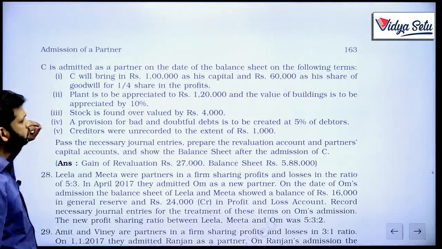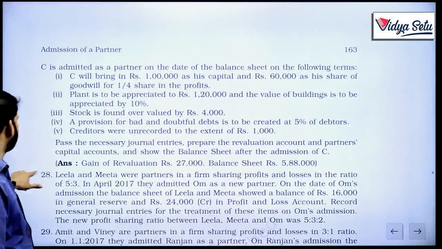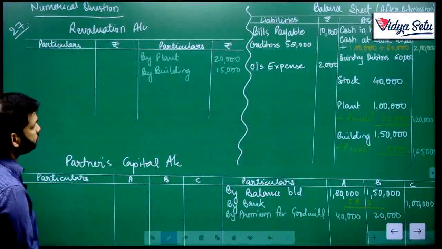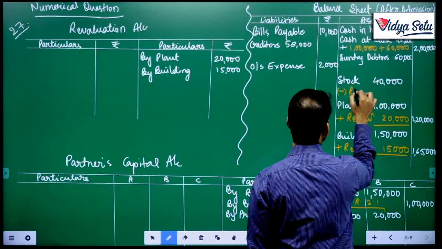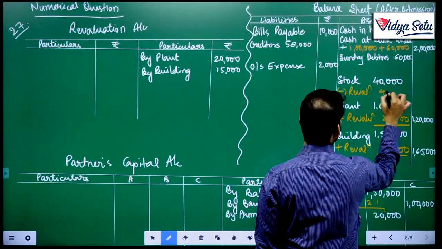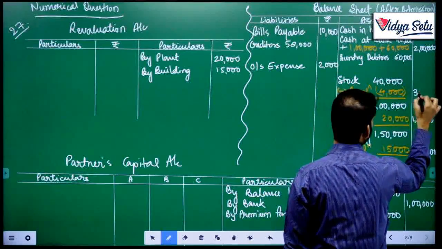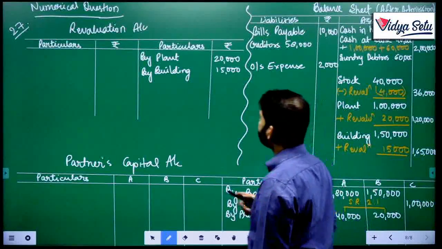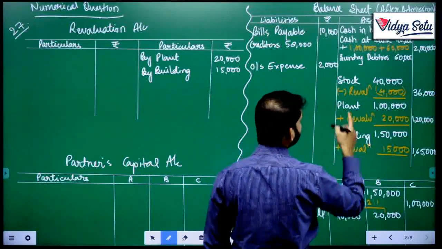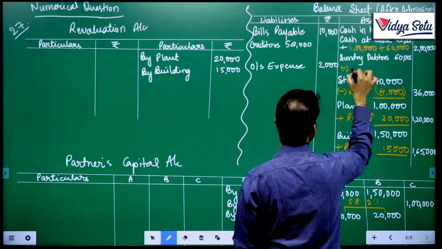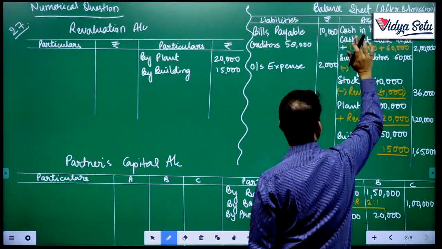Stock has to be reduced by 4,000, provision 5% on debtors, and creditors unrecorded liability to the extent of 1000. Stock is overvalued by 4000, so minus revaluation to the extent of 4000. So this gives me 36,000. On the debtors, we can write PFDD, the provision for doubtful debts.